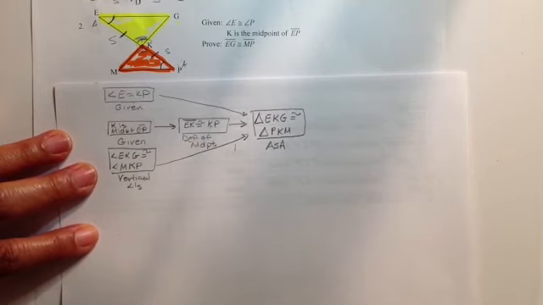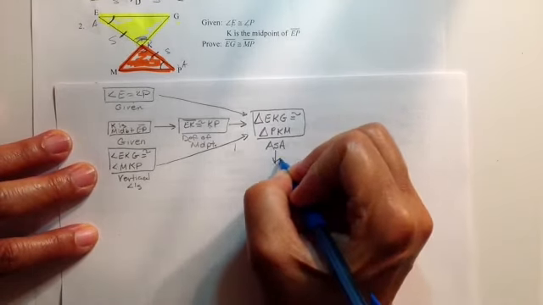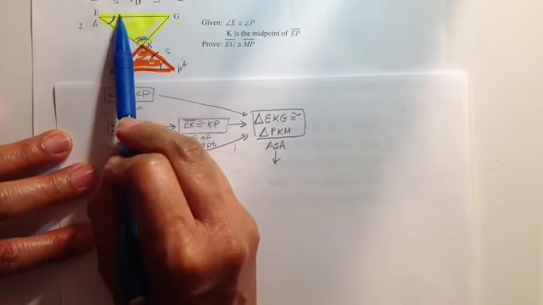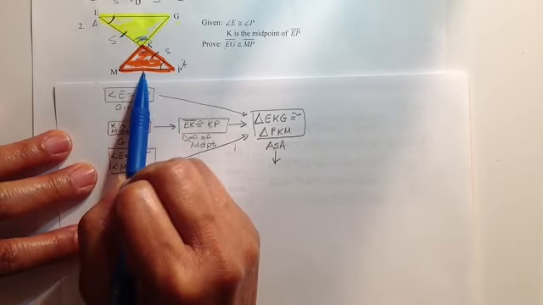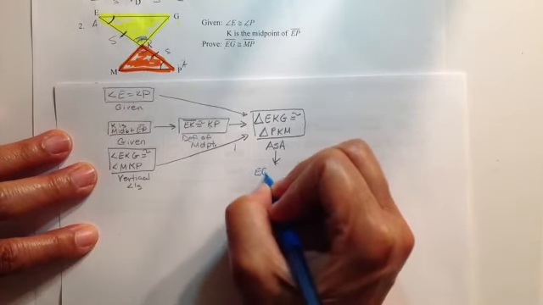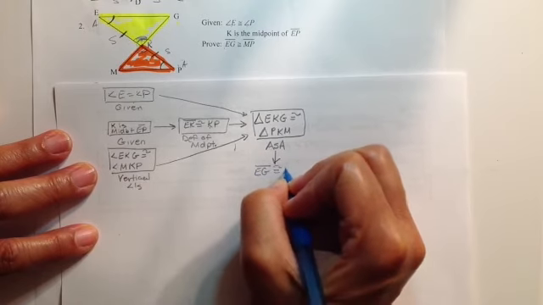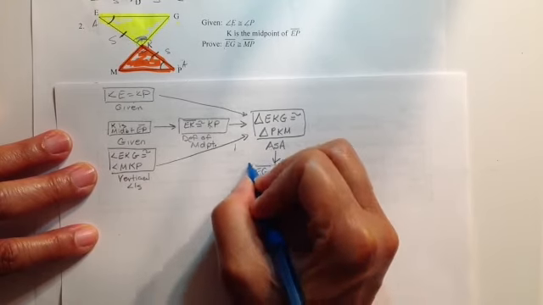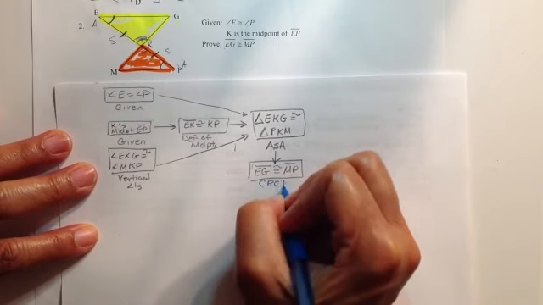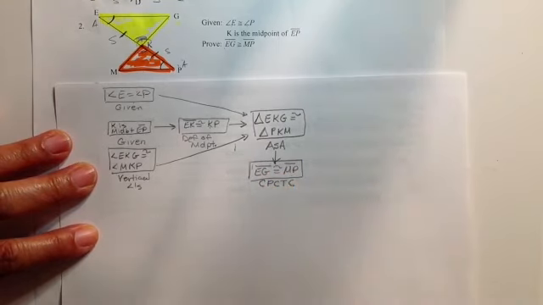So now from there, I can go one more step, because remember, I'm not done. I want to be able to say that this side, EG, is congruent to this side, MP, and I can do that by using CPCTC. Corresponding parts of congruent triangles are congruent.